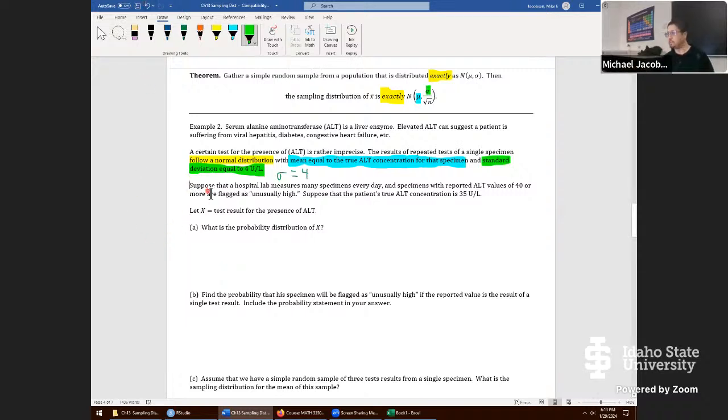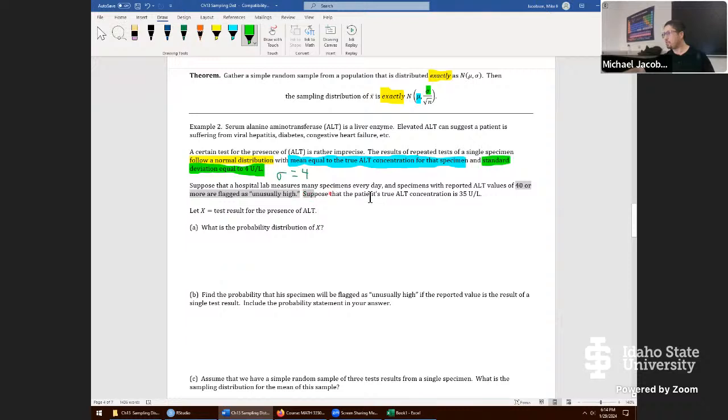Next statement it says is, suppose that a hospital lab measures many specimens every day, and specimens with reported ALT values 40 or more are flagged as unusually high. Okay, I really don't know what to do with that yet, but let's just highlight that and keep on going. Next it says, suppose that a patient's true ALT concentration is 35 units per liter.